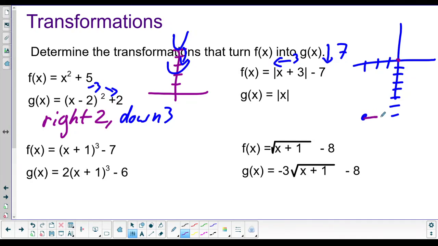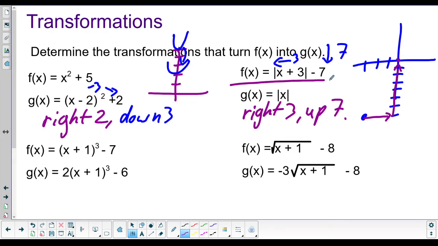You have to go right 3 and up 7. Okay, so it's always, how do I get from here to there? I think it really helps if you at least draw out the vertices like I've done there. Making stuff visual always helped me, but you might be way smarter than me and not need that.